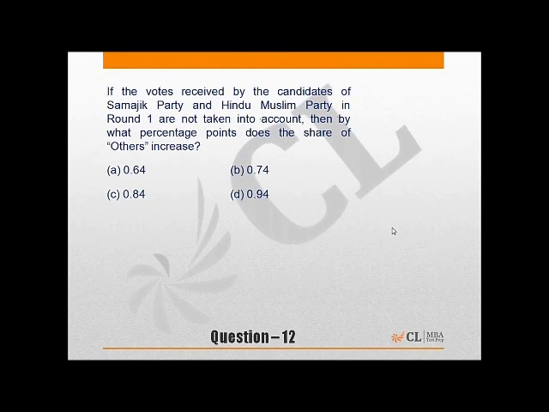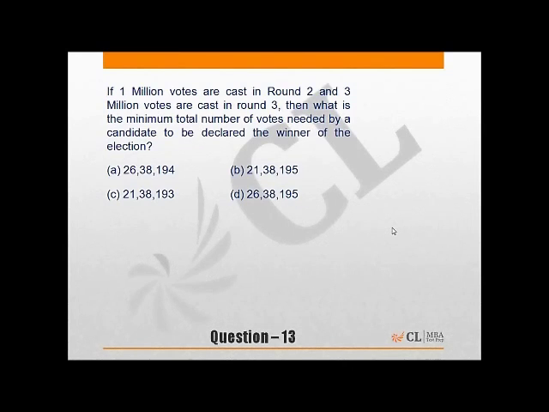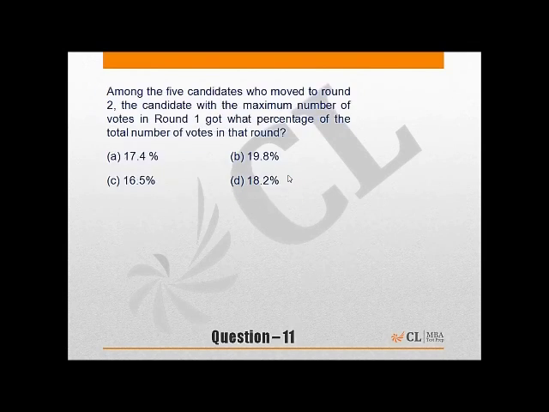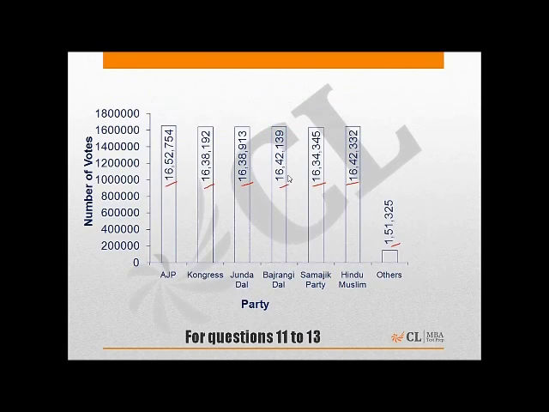Here the choices appear to be close. These two choices are close, 26 194, 26 38 195. Similarly, these two choices are close. So some close choices, some not so close choices. Calculations are likely to be in terms of percentage changes, etc. because these are talking about votes. We'll look at this in round 2. But let's look at it and see how I solve this.